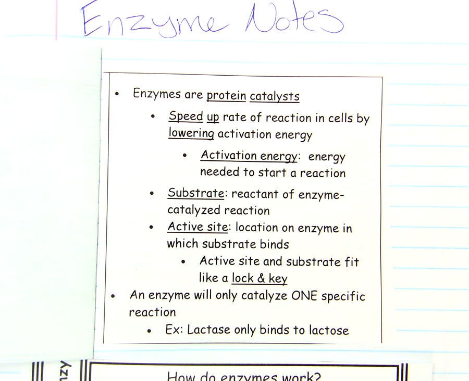If you're lactose intolerant, you don't have lactase. So when you eat dairy products, your body can't digest the lactose. For people who are lactose intolerant, they do make little pills of lactase. And if you want to sit down to a bowl of ice cream, you can take the pill ahead of time.